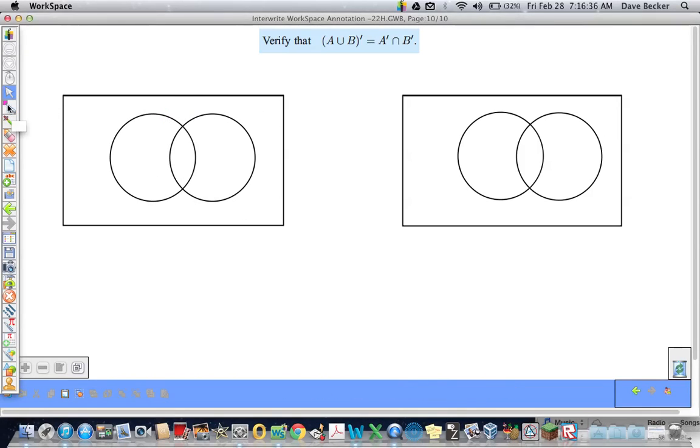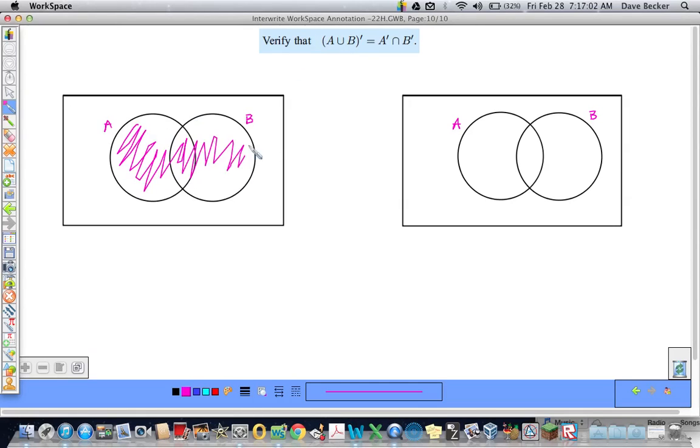I'm done with that. All right, so we have set A and we have set B. And we have set A and we have set B. Why 2? Because I'm going to shade what this one represents, and they're going to be the same. So let's think about A union B. A union B is all of this stuff in here.